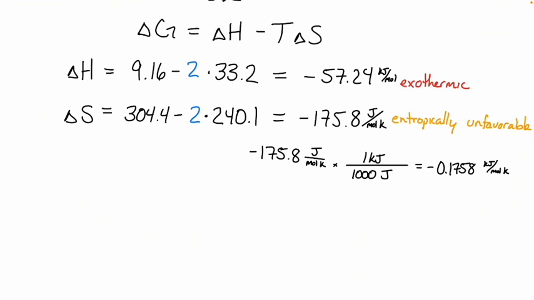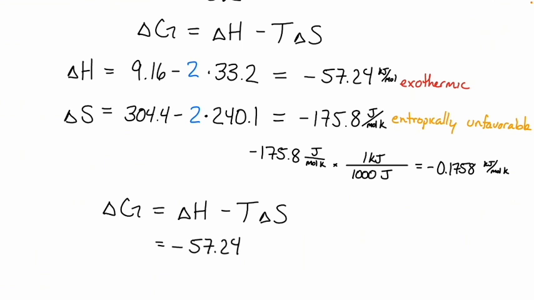All right, so now I'm ready to plug everything into my equation here. I'm going to take that delta H value. I'm going to subtract my 400 Kelvin times that, or rather, the negative 0.1758.